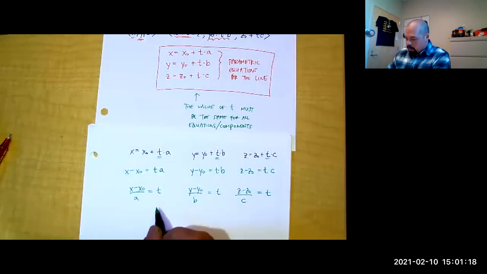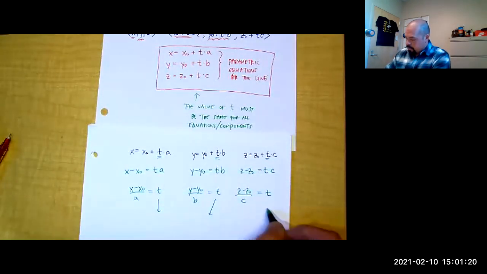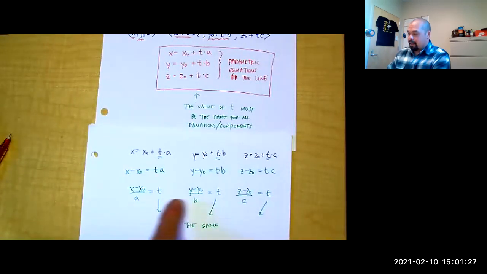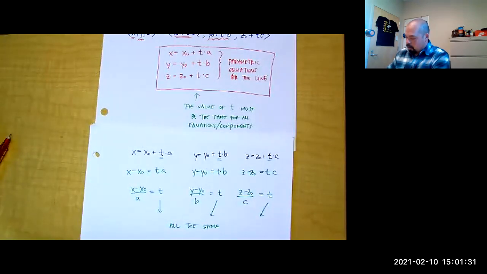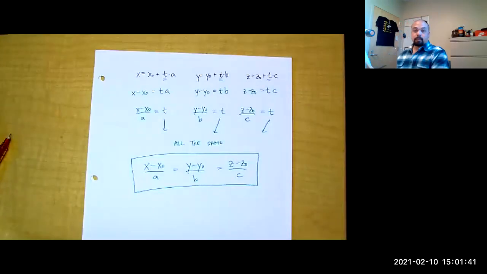So since they're all equal to t, then these other sides of our equation must also all be equal. Those ratios must be the same.